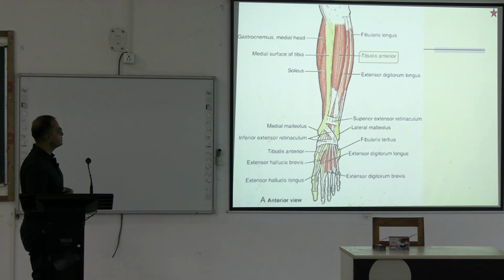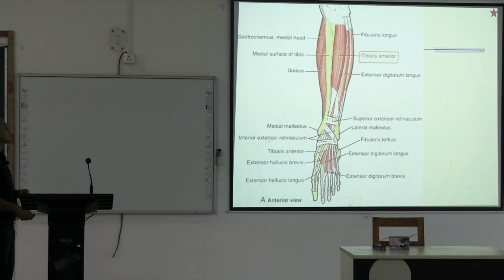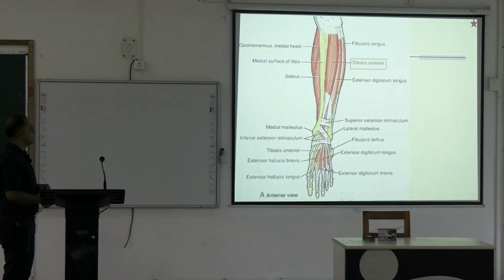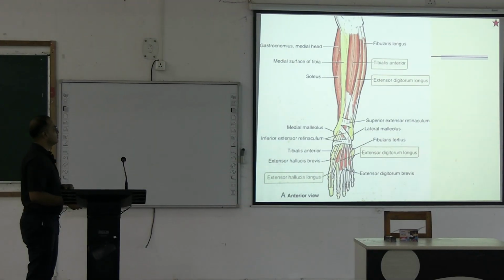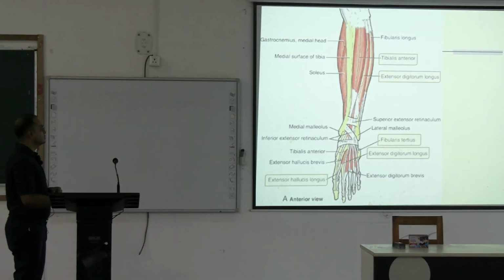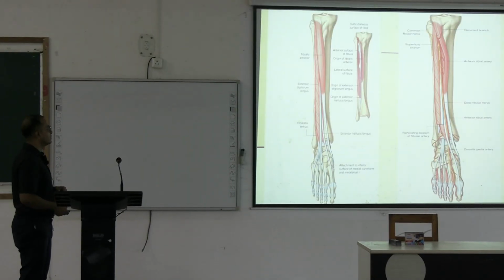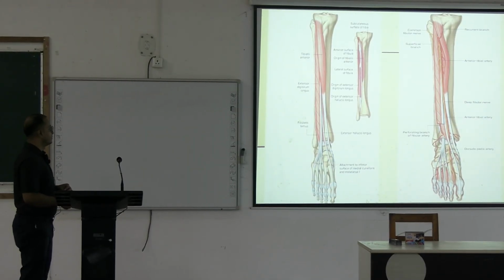Tibialis anterior, and fibularis longus, which is present on the lateral side. In between them, we have extensor digitorum longus, and deep to that, extensor hallucis longus, which is present in the deep region going to the hallux. Along with that, we have the lateral compartment, which holds fibularis longus, fibularis brevis, and fibularis tertius.